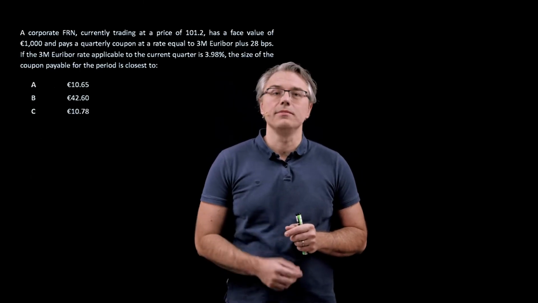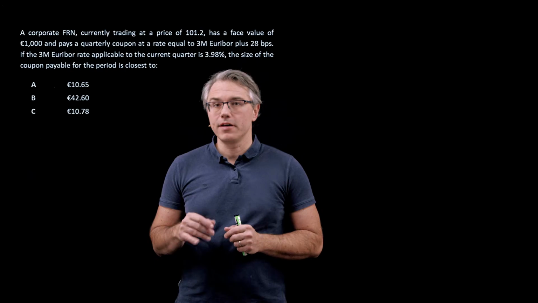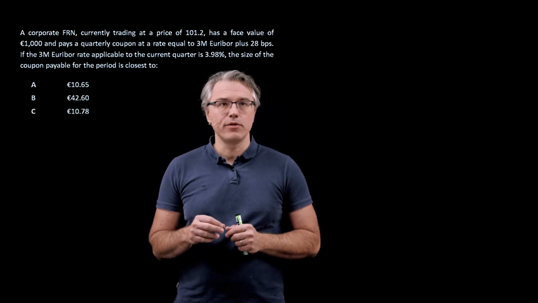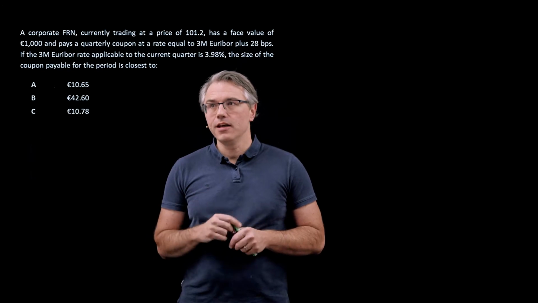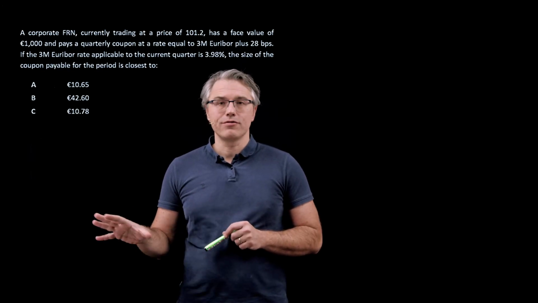Okay, time for the second question. This one's going to be on floating rate notes, variable coupon bonds, a corporate FRN floating rate note currently trading at a price of 101.2.